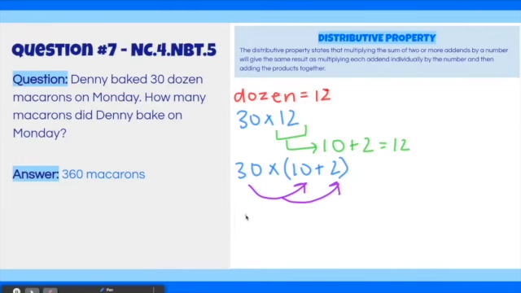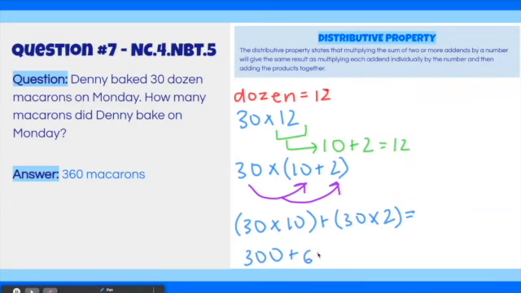What that's going to look like is 30 times 10 plus 30 times 2. Now, when you multiply the 30 and the 10, you will get 300. And you're going to add the product of 30 times 2, which is 60. And when you add them, you will get 360, which is the number of macarons Denny baked on Monday.